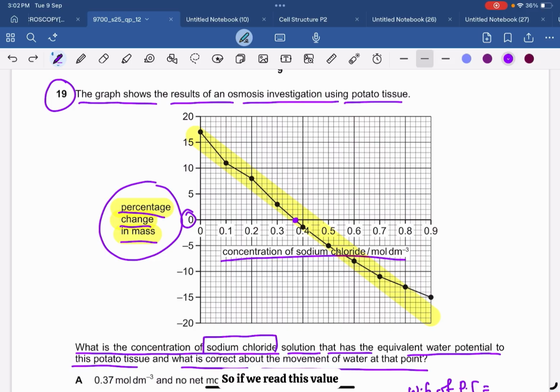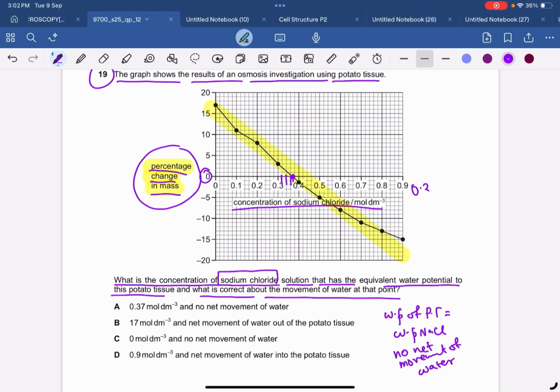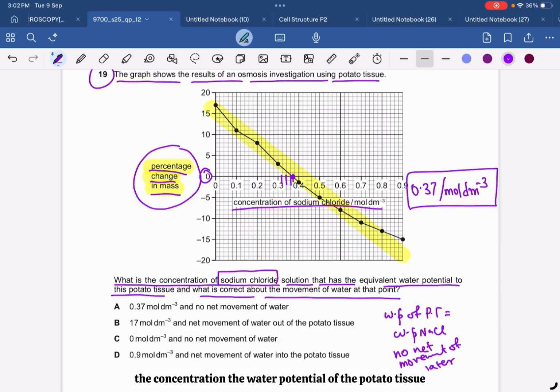So if we read this value, I believe it is 0.37. So at 0.37 mole per dm cube, the water potential of the potato tissue and the sodium chloride solution is the same. Now let's read the options one by one.